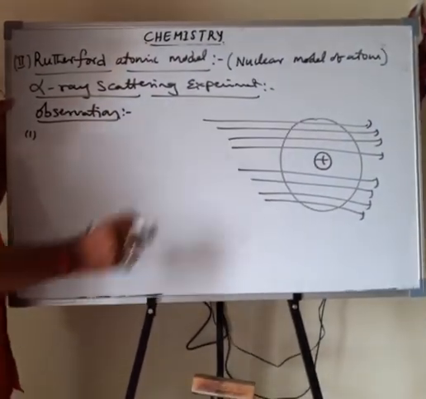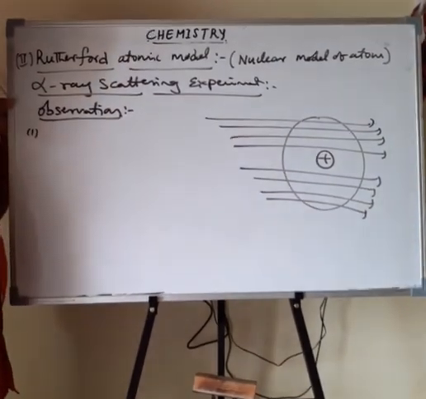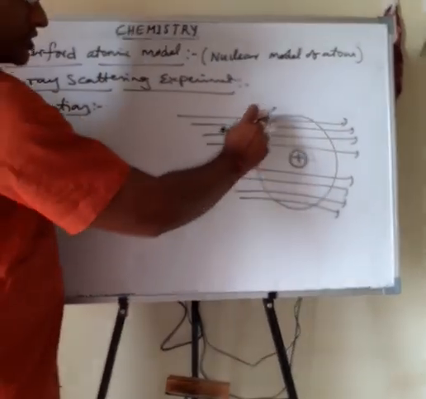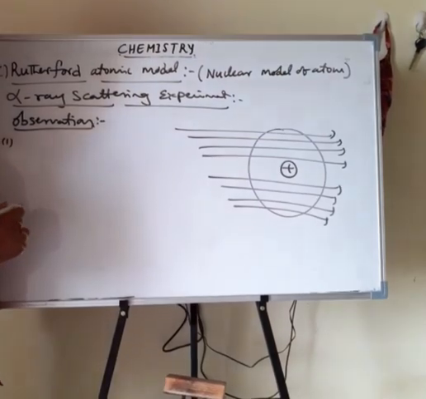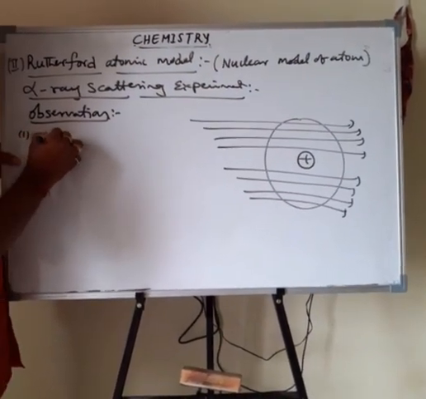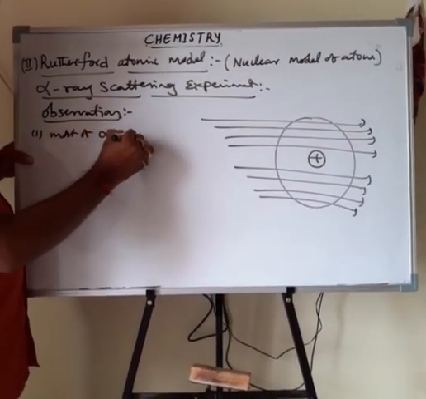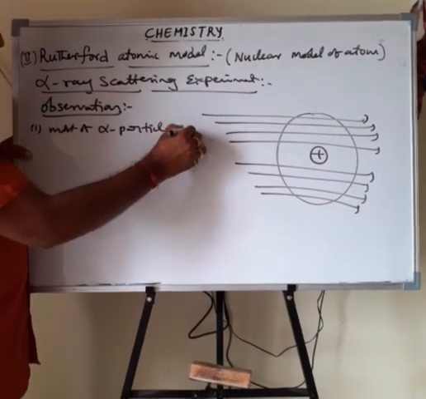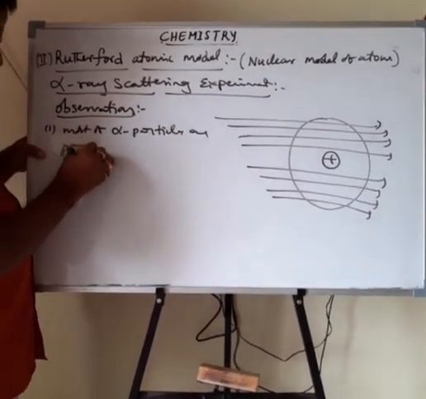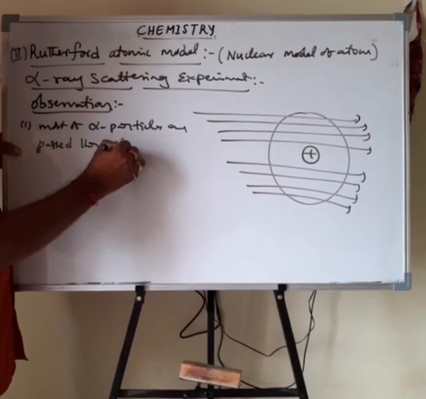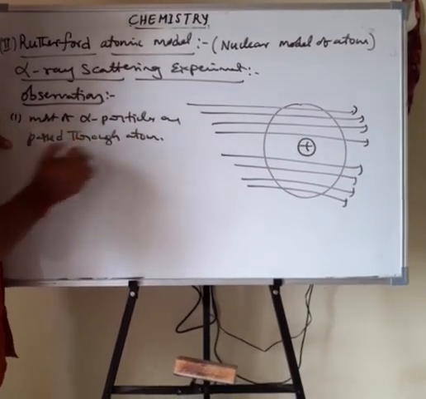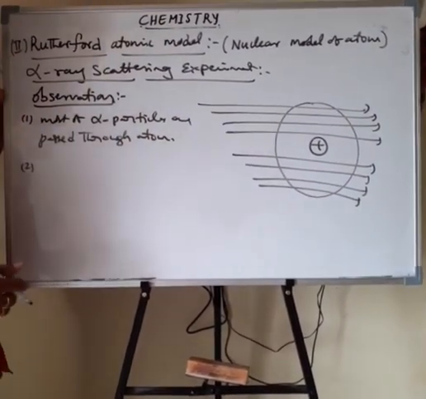That is the first point he observed: most of the alpha particles pass through the atom.